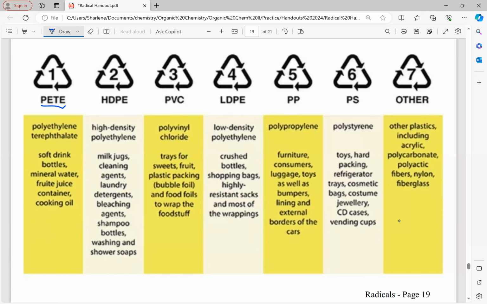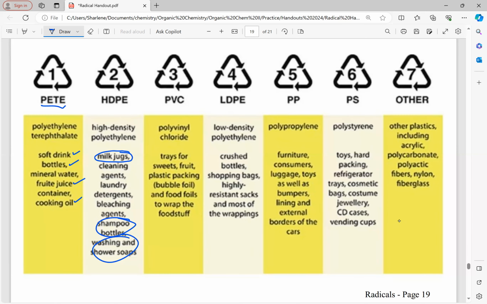Okay, these are your soft drink bottles, your fruit juice bottles, cooking oil bottles. Okay, those are the nice squishy ones. HDPE, high density polyethylene. Woo, milk jugs are much thinner, okay? Shampoo bottles are usually thicker. The milk jugs are made thin just so that it's less expensive. Okay. Washing, soaps, things like that.